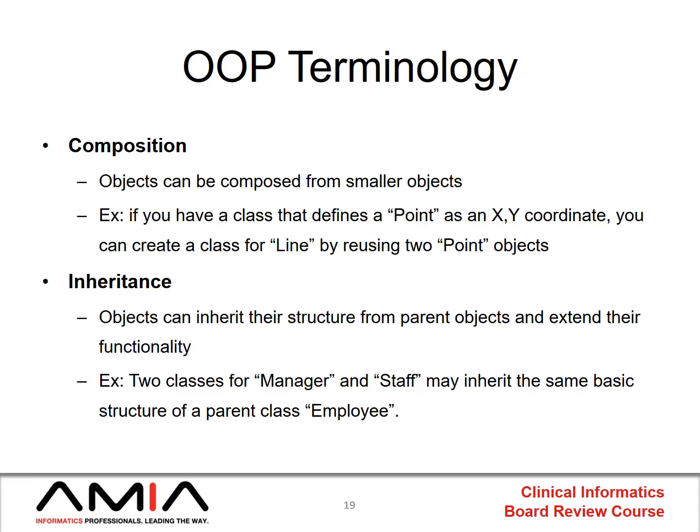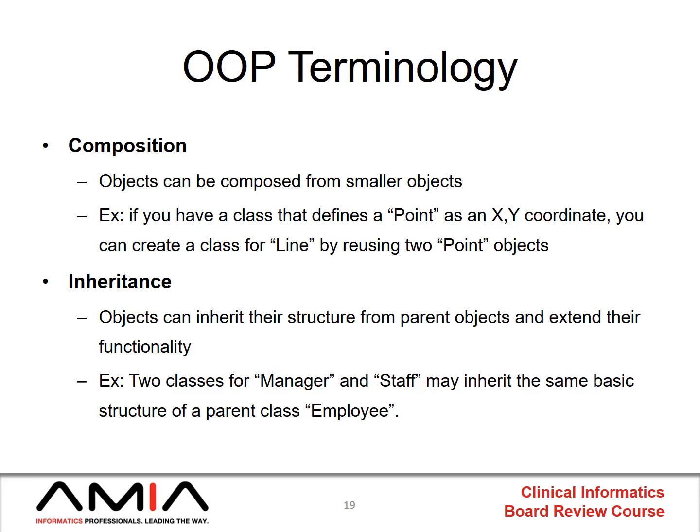Classes can also exhibit something called inheritance. Inheritance is the notion that objects can inherit their structure from parent objects and then extend their functionality. So just like human children, they take after their parents, but then they often surpass them. Imagine we have a human resources system where we need to represent distinct classes for the attributes and methods that are unique to managers and the attributes and methods that are unique to other staff.